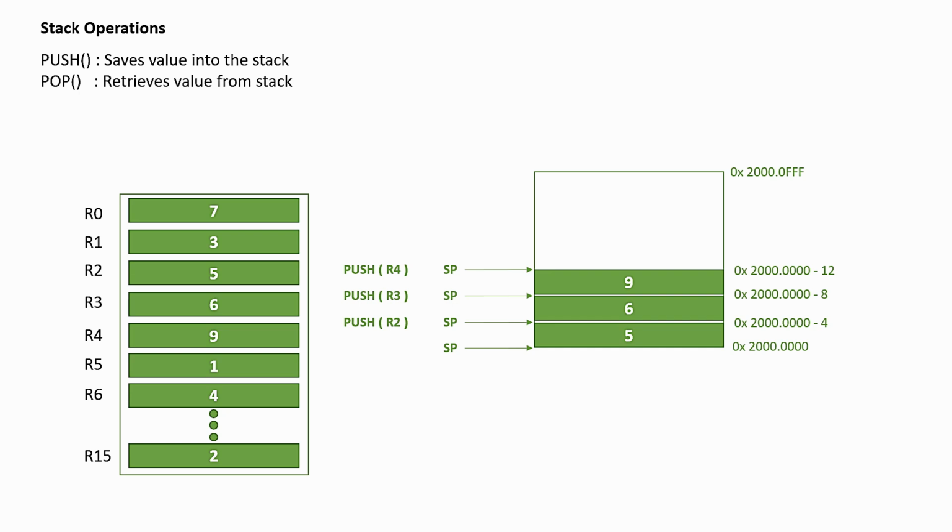The 9 will be stored on the top of the stack, and the stack pointer will be moved further by subtracting 4 bytes. And when I push R5, similarly the R5 value 1 is moved to the top of the stack, and the stack pointer is moved further by four bytes of the stack area.